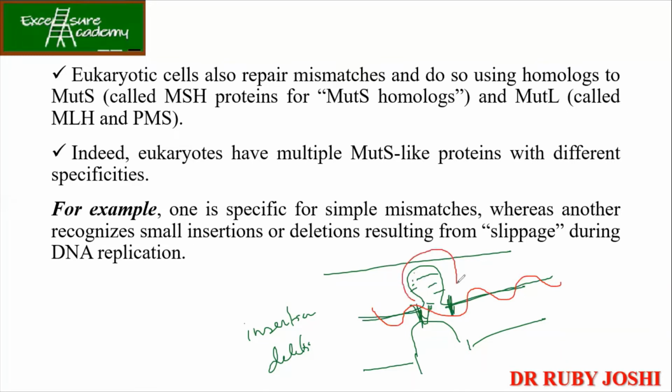This much region is not replicated, correct? So because of this, what will happen now? आपका parental strand इतना बड़ा होगा, मगर daughter strand सिर्फ इतना ही होगा. So that much particular area of the strand has been slipped. Okay. For daughter strand, now that particular region is being deleted.